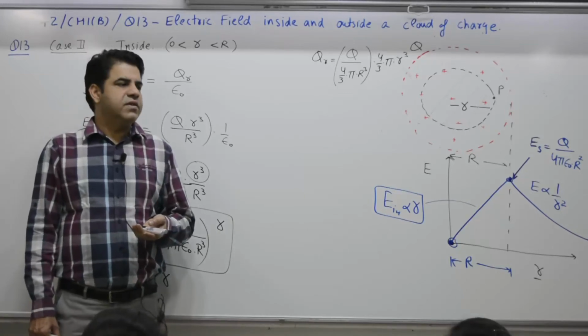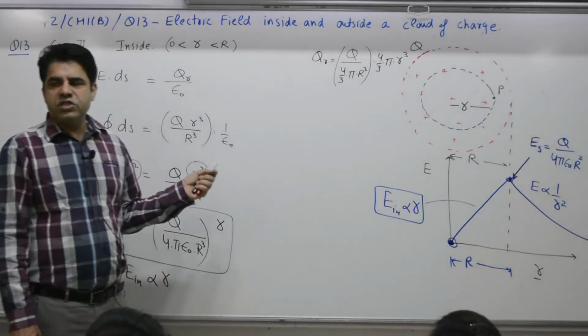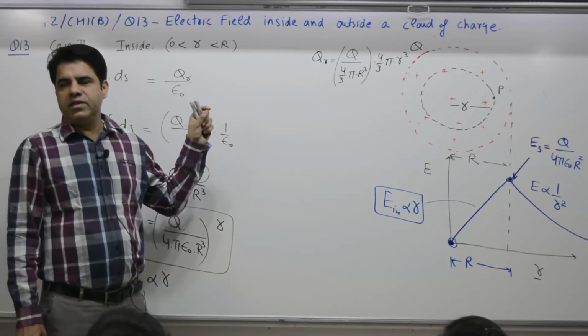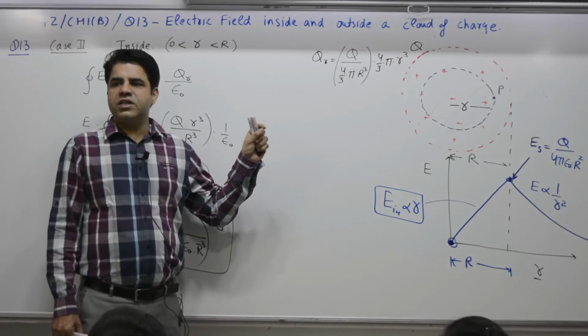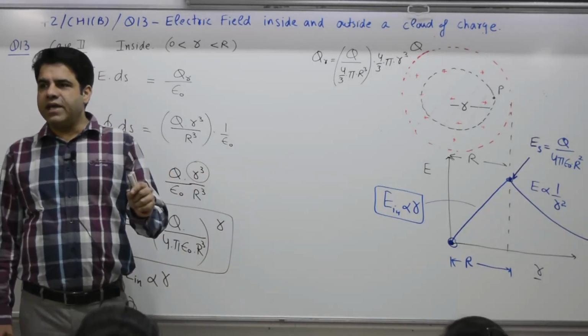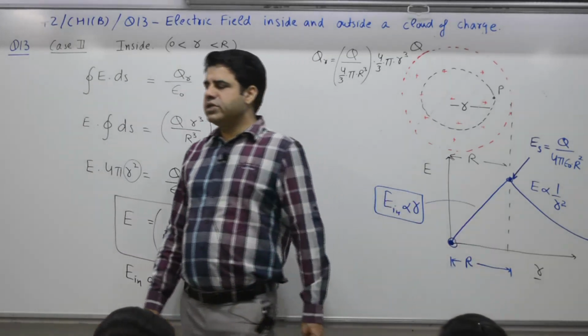Gravitation force F is capital G m1 m2 by r square. In this case, force is equal to 1 by 4 pi epsilon naught q1 q2 by r square. Mathematically, F is equal to some constant by r square. Both are mathematically same. That is why the outcome is also same. Two minutes with you to complete.